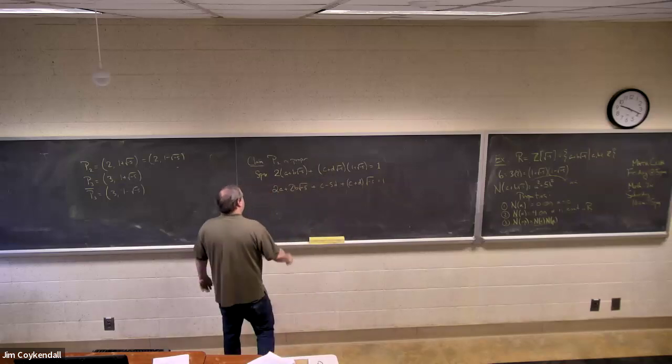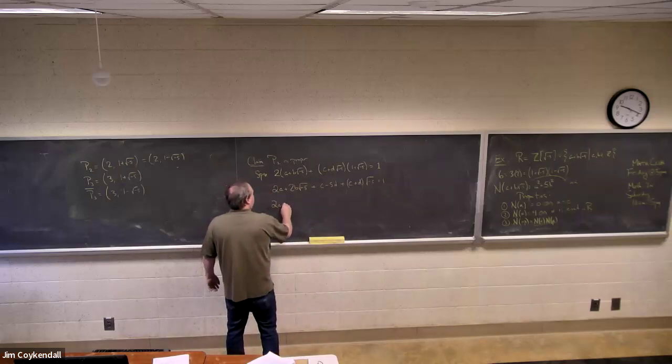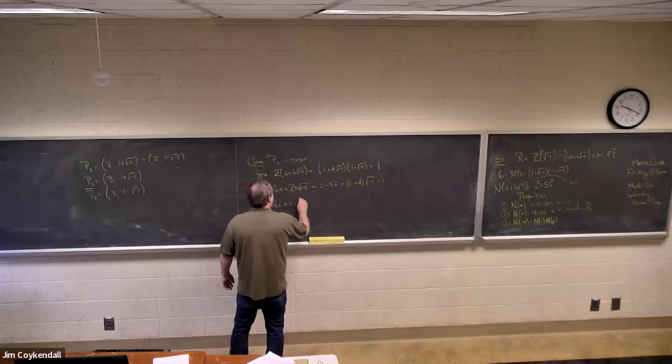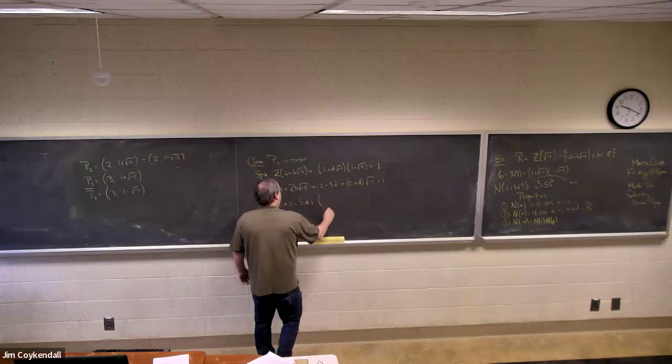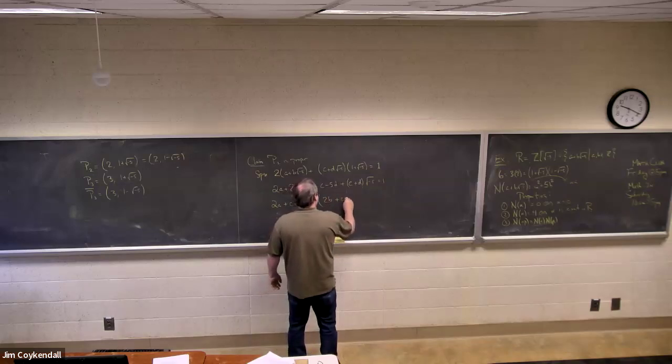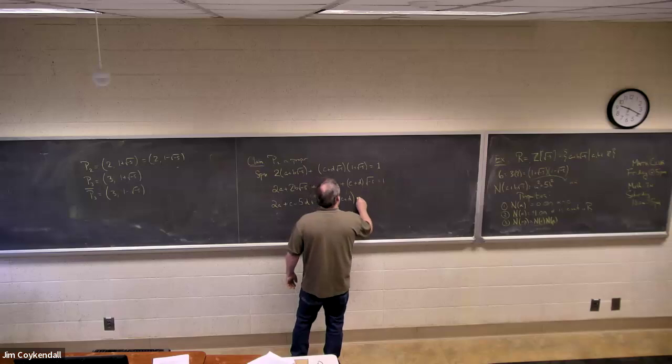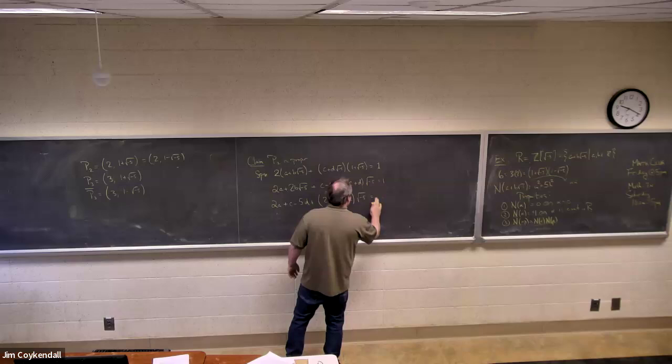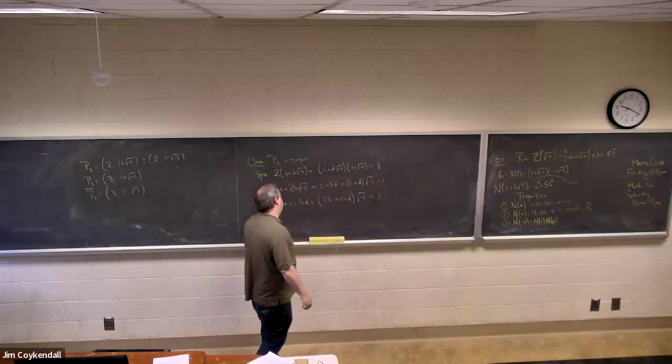So let's see what we got: 2A plus C minus 5D, plus 2B plus C plus D radical negative 5, is equal to 1.